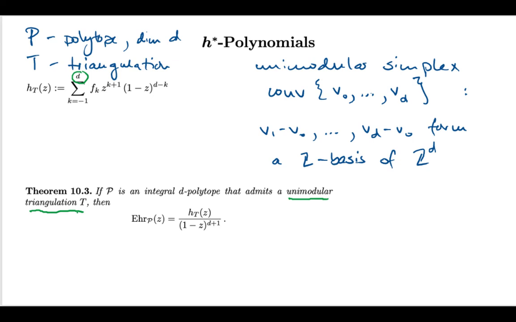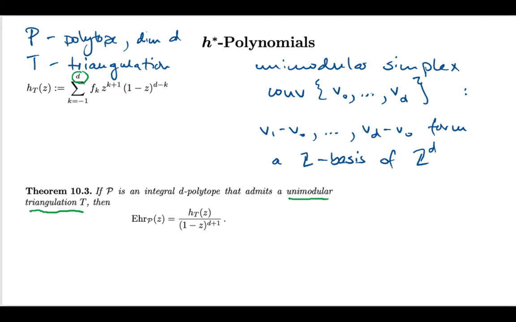This numerator for the Ehrhart series in general we call the h-star polynomial. So one way to rephrase this theorem is to say that the h-star polynomial of an integral polytope that comes with a unimodular triangulation is equal to the h-polynomial of this triangulation.